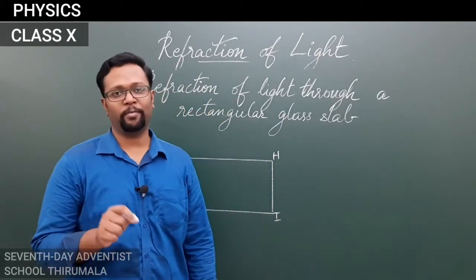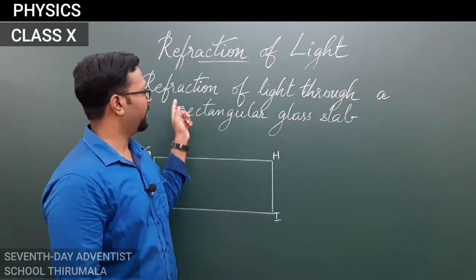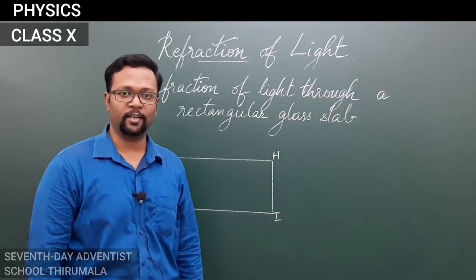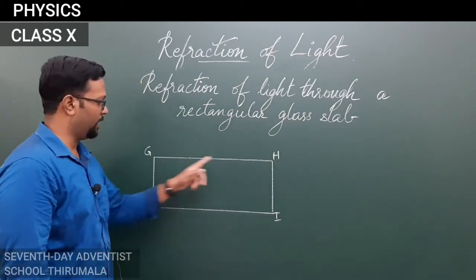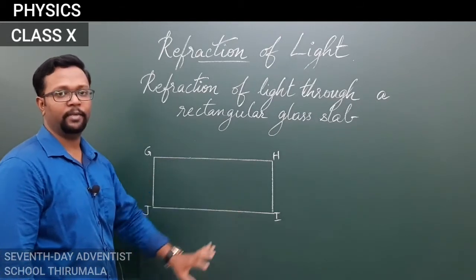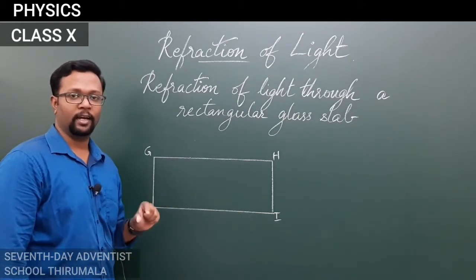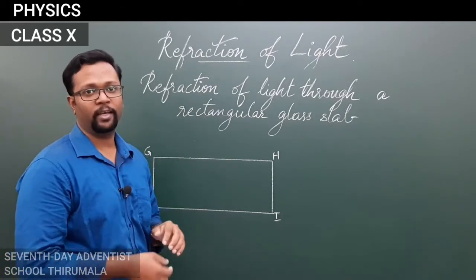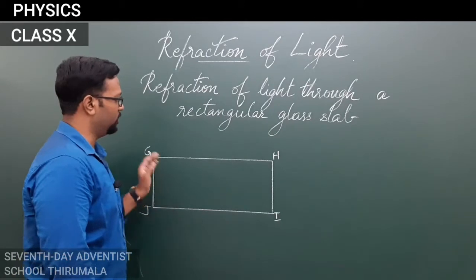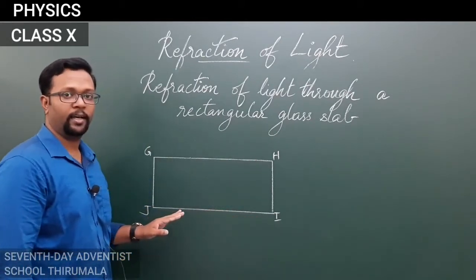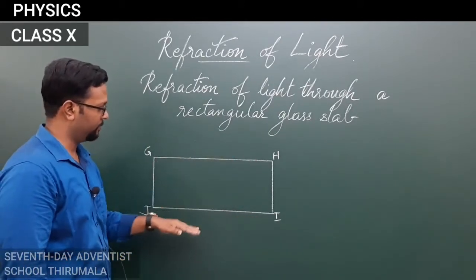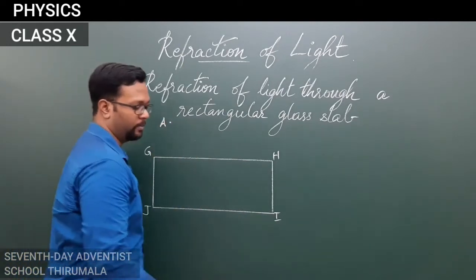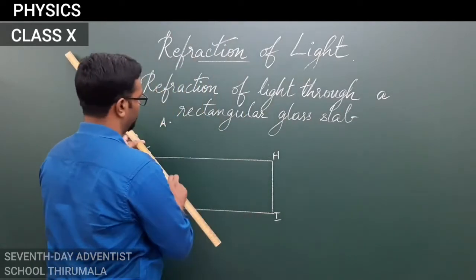Okay students, the last topic for today's discussion is refraction of light through a rectangular glass slab. Let's consider GHIJ given here. Let it be a rectangular glass slab. A glass slab may be a thick cuboid of glass, and here GH and IJ are parallel surfaces. Let a light ray starting from point A fall on the surface GH.